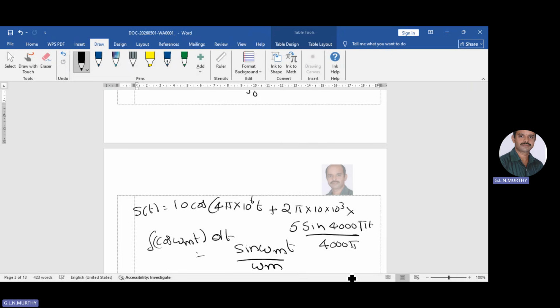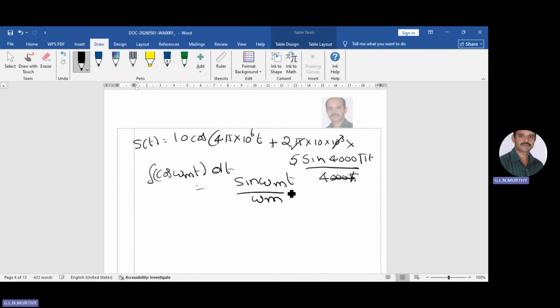We are quite familiar with the fundamentals of integration. Now you can cancel pi, and cancel the 10 power 3 with the 3. What is left over? 2 into 5 is 10, 10 into 10 is 100, divided by 4 gives 25. So the final expression for the FM signal is 10 cos 4 pi into 10 power 6 t plus 25 sin 4000 pi t.